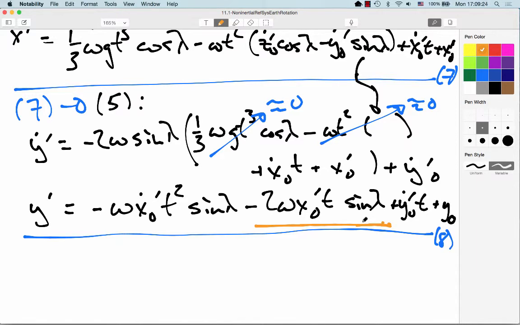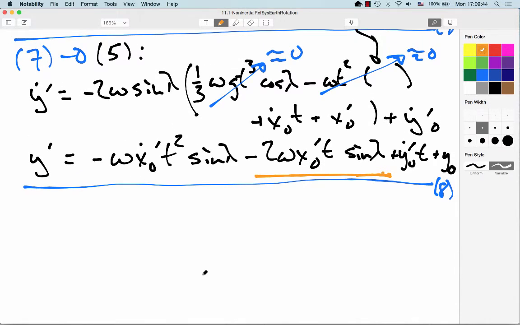No particular reason why not to keep it other than once the time grows substantially, probably this term's going to dominate versus that guy. But I don't see any particular reason to drop it, at least not yet.